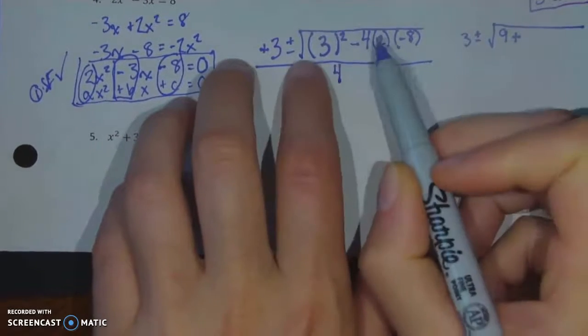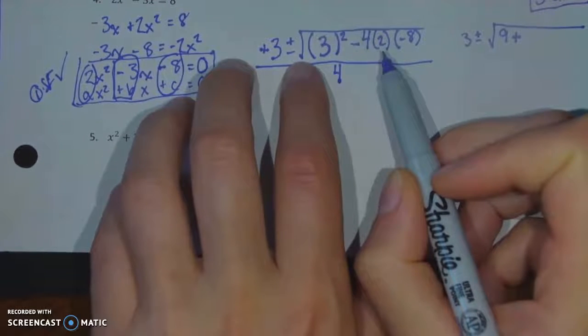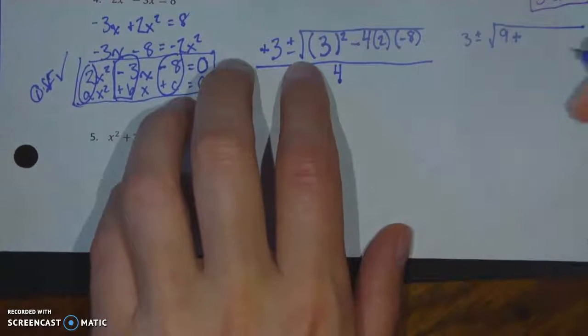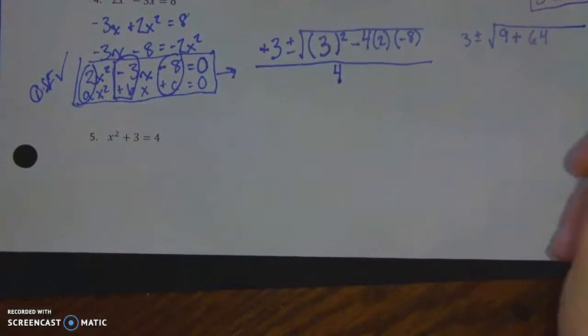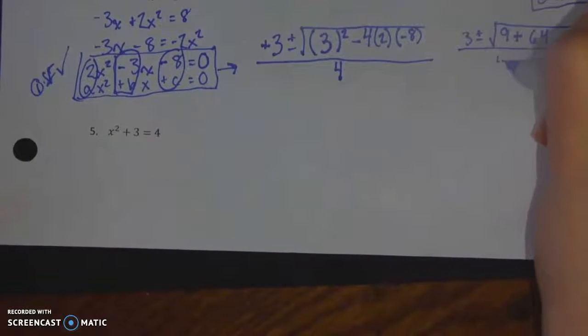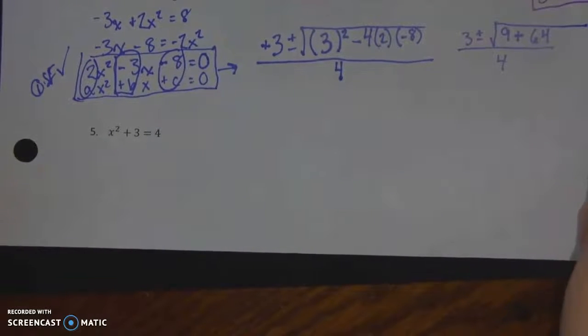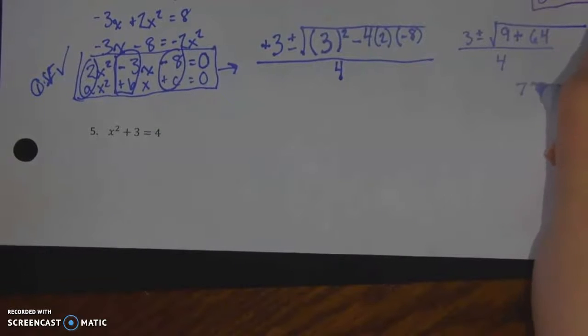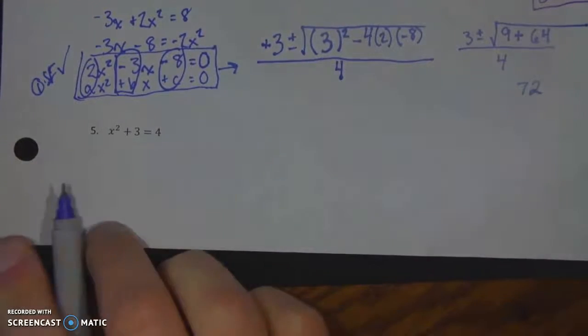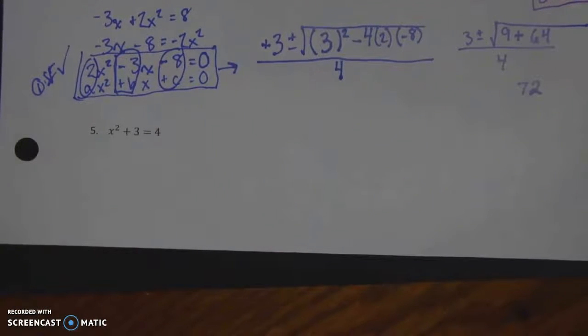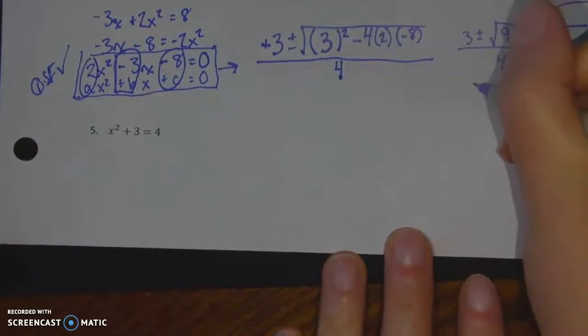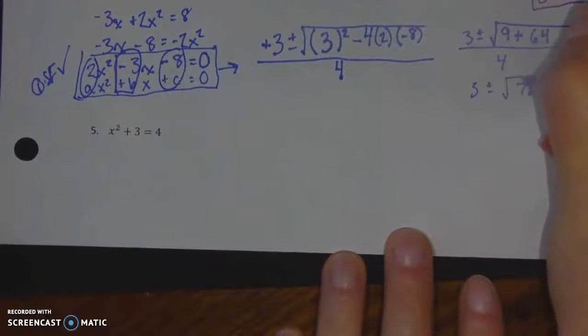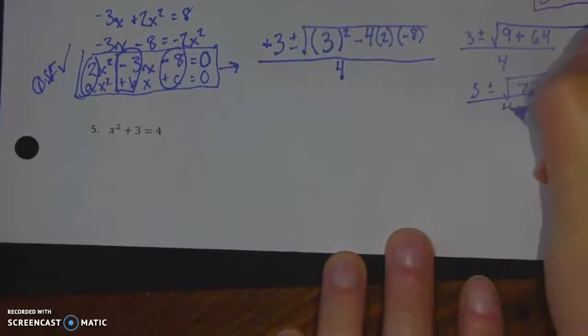So 9 plus 4 times 2, which is 8, and 8 times 8, or 8 squared, 64. Now this is over 4. 9 plus 64 gives us 72. So that means that we have 3 plus or minus the square root of 72 over 4.